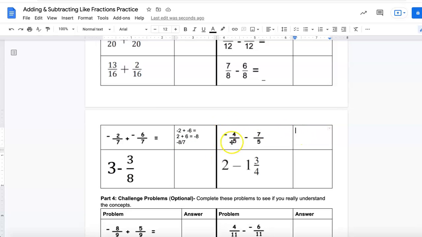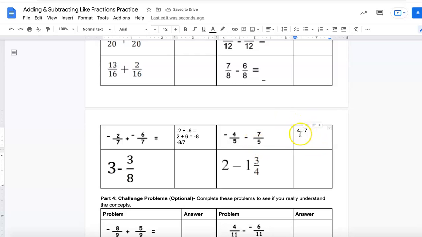This next one here, we have negative 4 over 5 minus 7 over 5. So again, we have two fractions that have the same denominator. So all we're going to do is deal with the top numbers. So this becomes negative 4 minus 7.